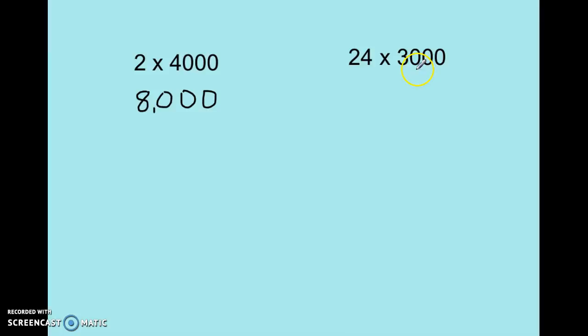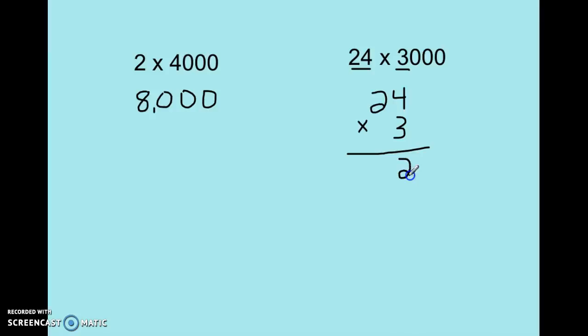All right, go ahead and give this one a shot. 24 times 3,000. All right, first, I'm going to multiply my 24 and my 3. So 24 times 3. Four times 3 is 12.